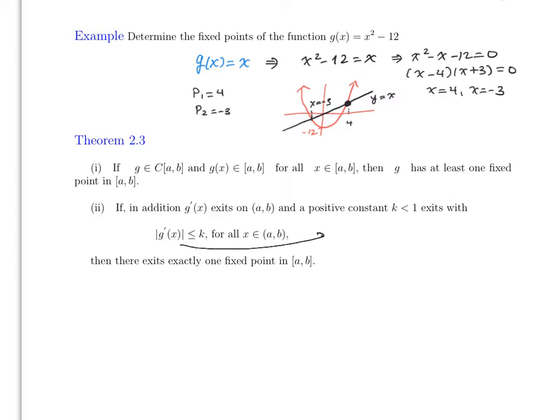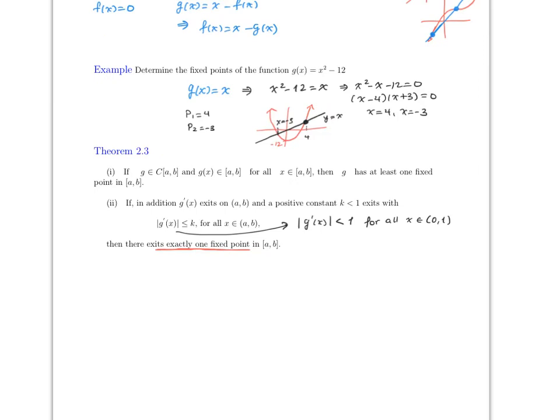So technically this implies that the absolute value of g prime has to be less than 1 for all x between a and b. Then you have a unique fixed point, or exactly one fixed point, if this condition is true.